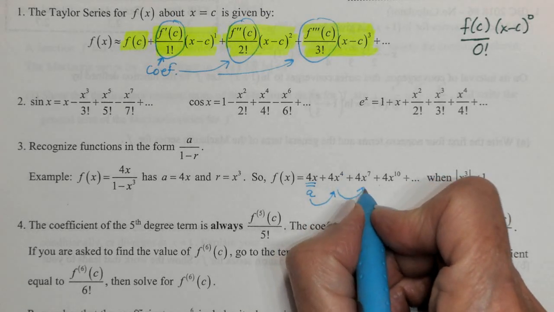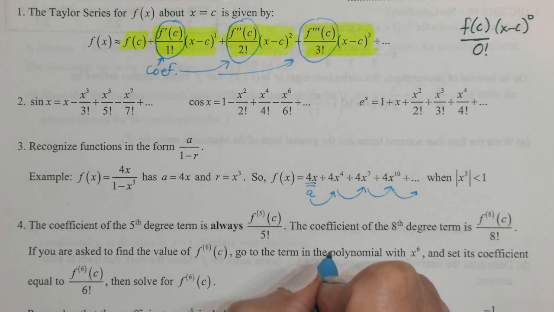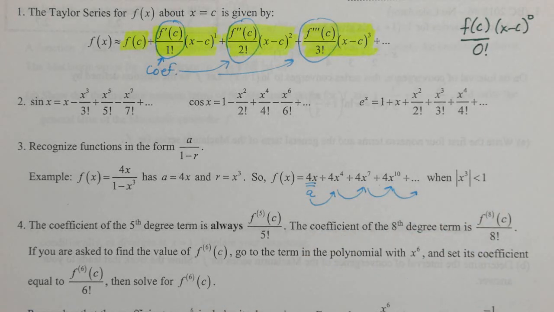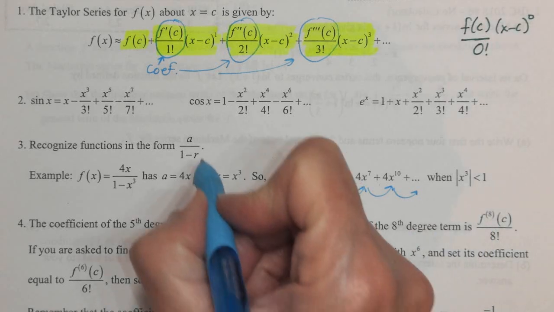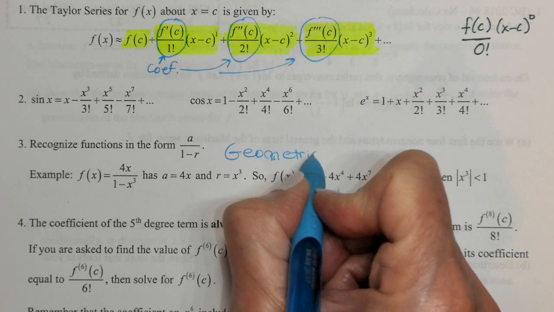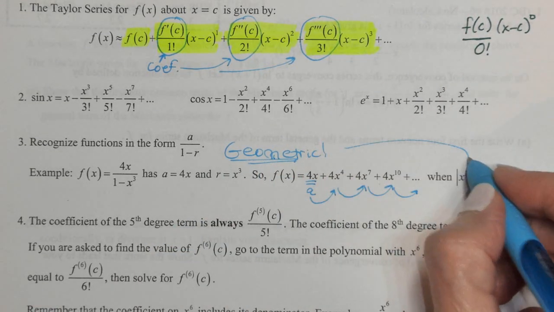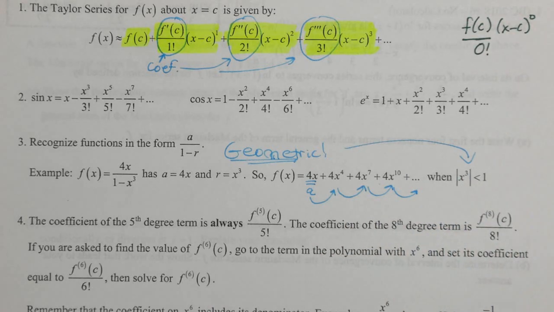Multiply that by r, and that by r, and that by r, and keep on going. The radius of convergence: this converges when the absolute value of r, x cubed, is less than 1, because this is geometric. I don't know why I didn't write that there. You guys add that. That is geometric. So this is the geometric series test there.